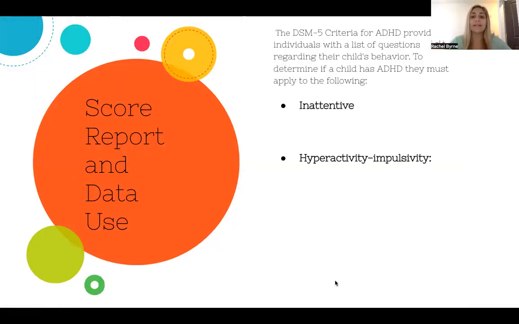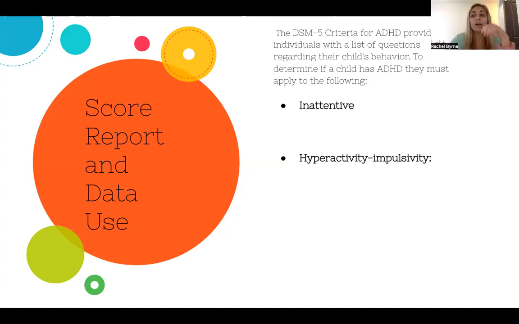So here in my research that I did, it talks about the score report and data use. For this one, it talks about inattentive, like ways that they would be diagnosed.